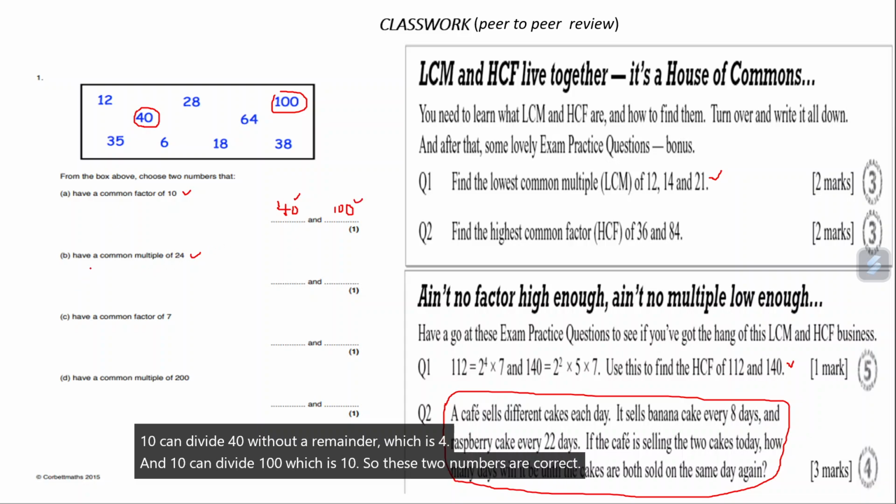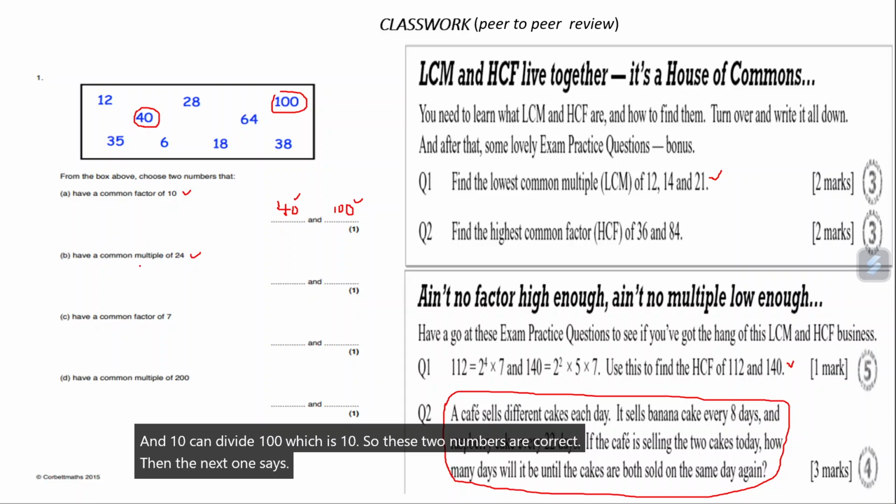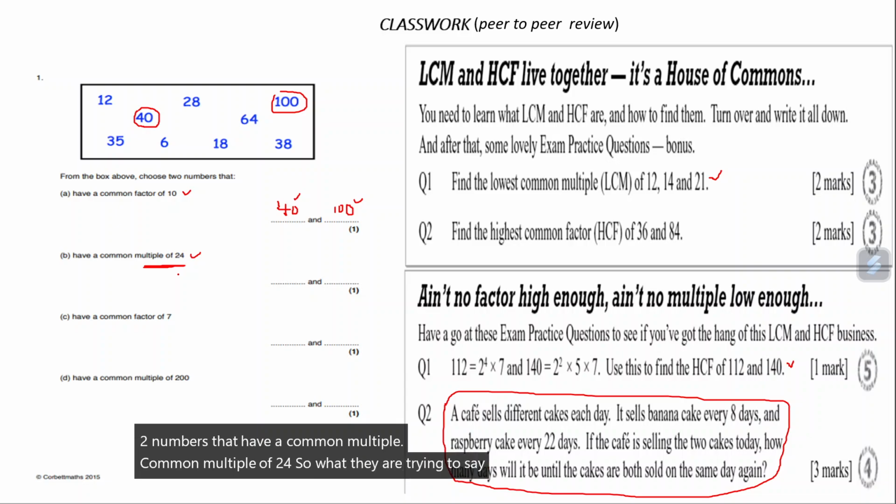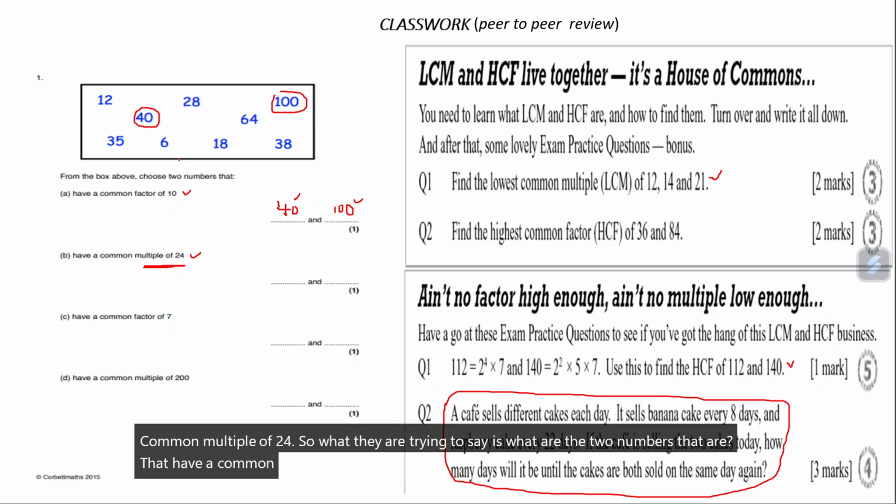Then the next one says two numbers that have a common multiple of 24. So what they are trying to say is what are the two numbers that have a common multiple of 24? So remember we said multiples are like your times table.